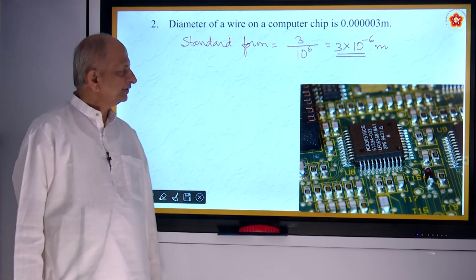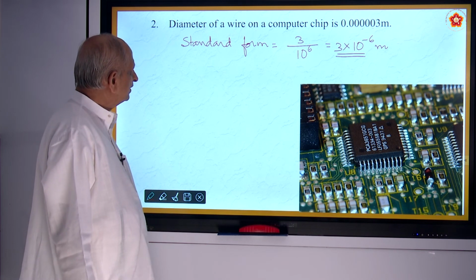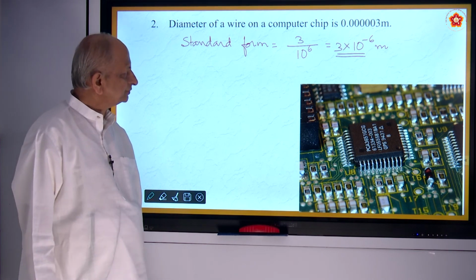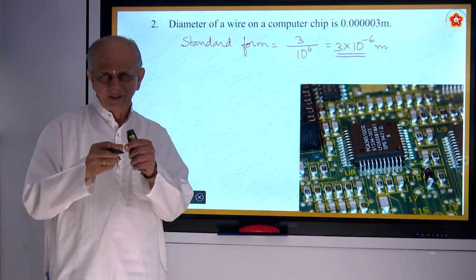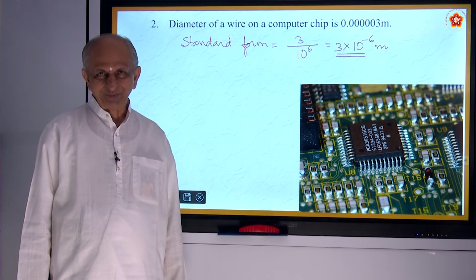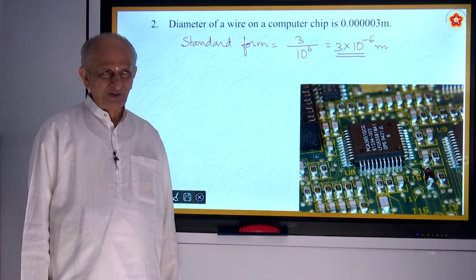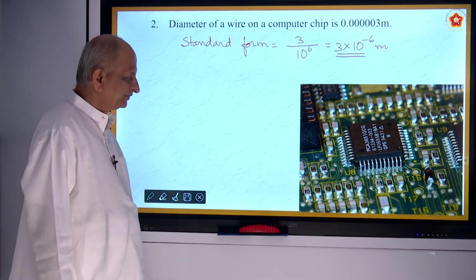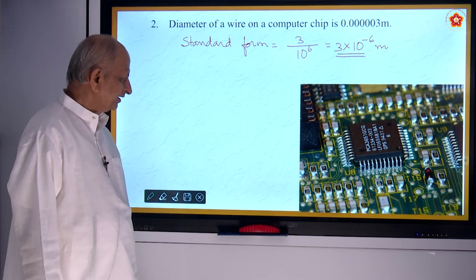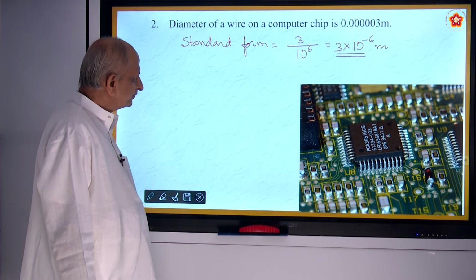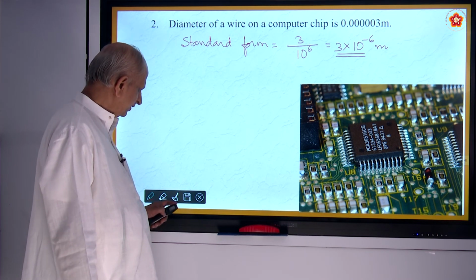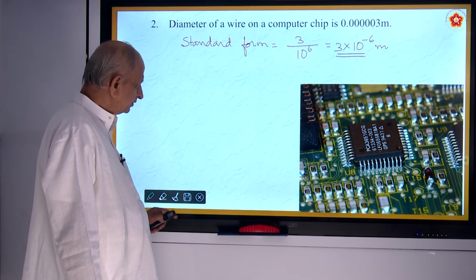That is the standard form of the wire in a computer chip. You know, there will be wires inside, so small they are, but lot of calculations, details are there in a computer, correct? This is what you have seen and what you are using. Noted?